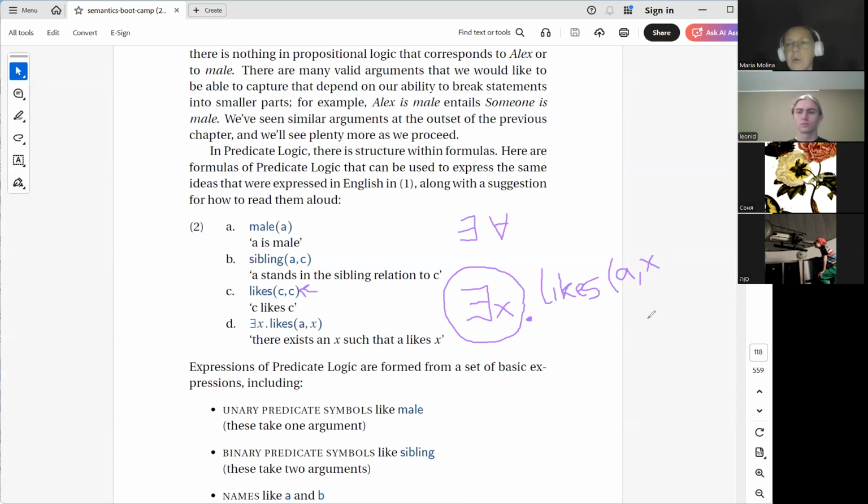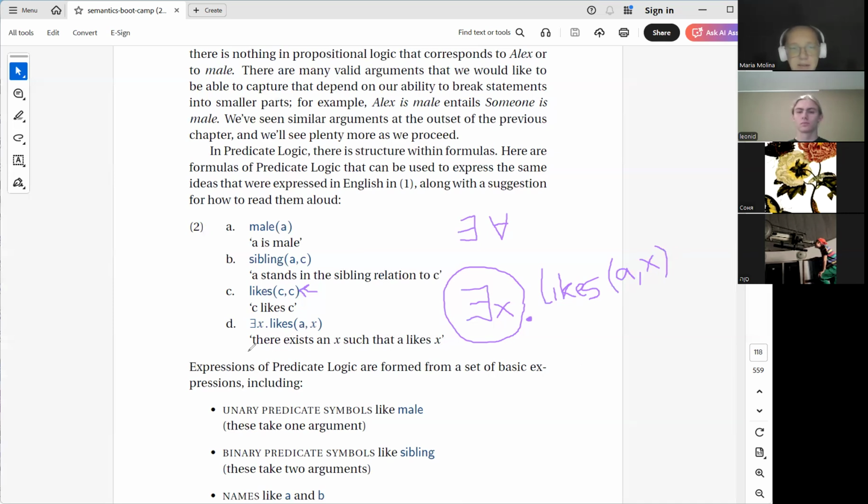So we call it X. So there exists some X that participates in the relation of Alex likes X, so that Alex is a subject, X is an object.